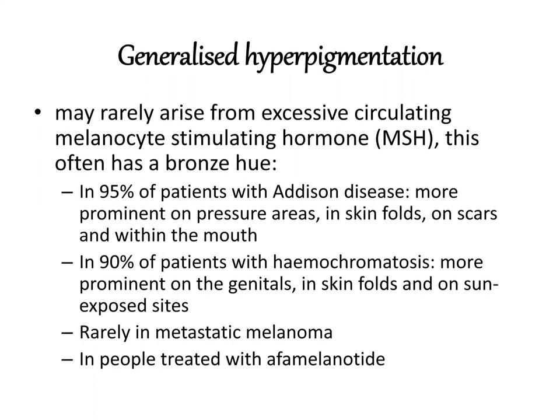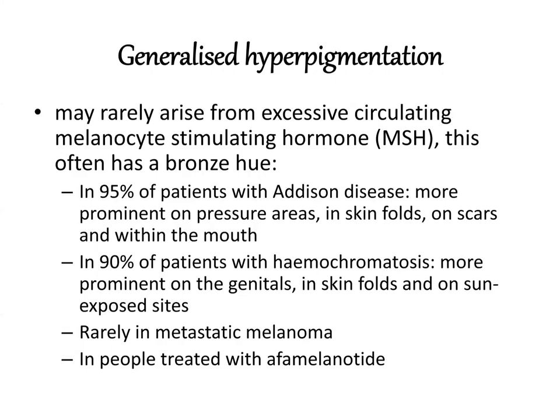This will often give a bronze or brownish dark color. An example is patients with Addison's disease, who will have increased color all over the body, but especially in pressure areas, skin folds, on scars, and also with oral mucosal involvement.